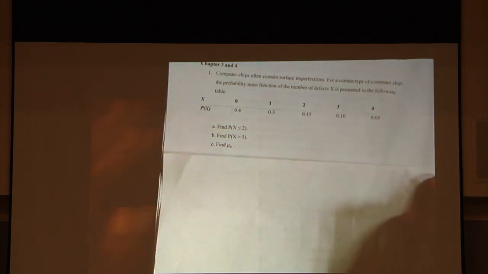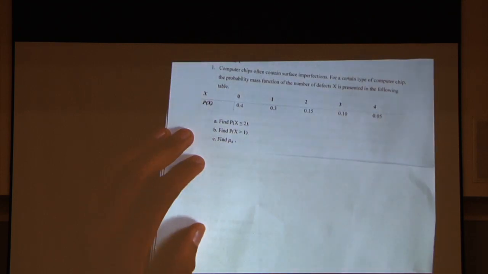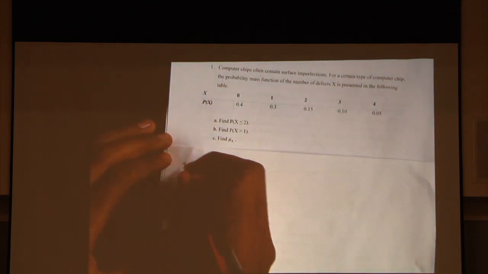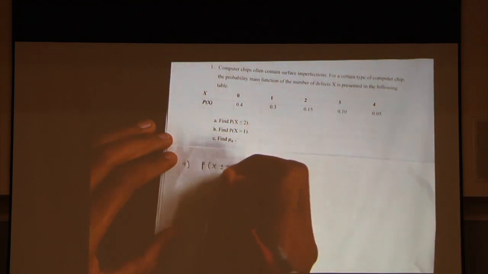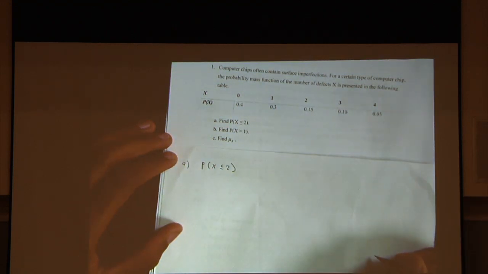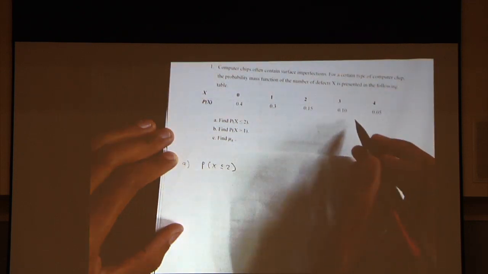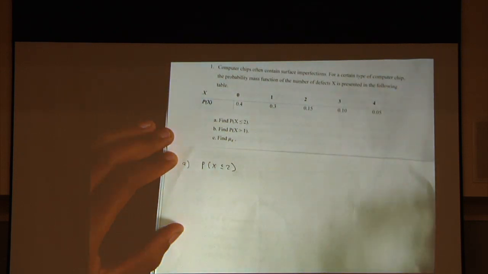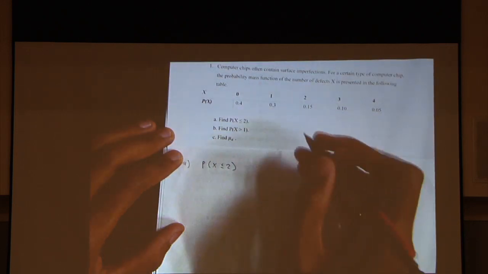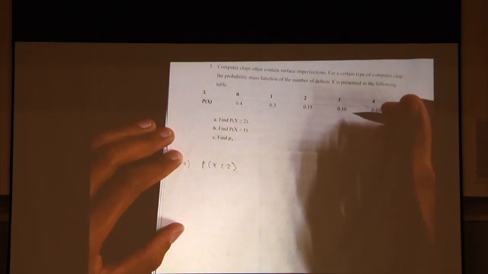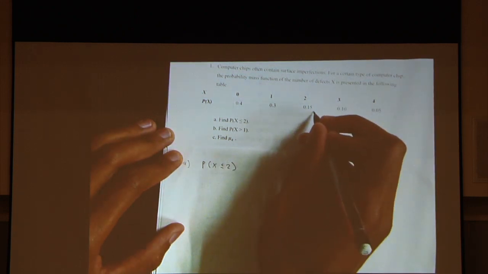So here's the problem. Here's the probability mass function. Part A is asking the probability that x is less than or equal to 2. This one's pretty simple. If you can just get the gist of probability mass functions, you know that you're already given all of the probabilities here, so they want to know from here down.